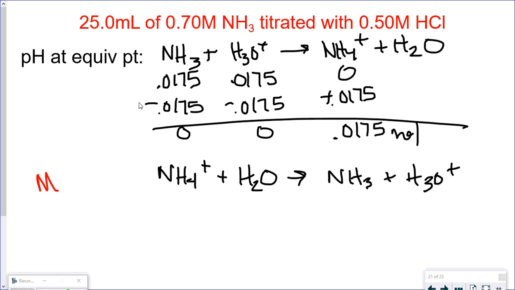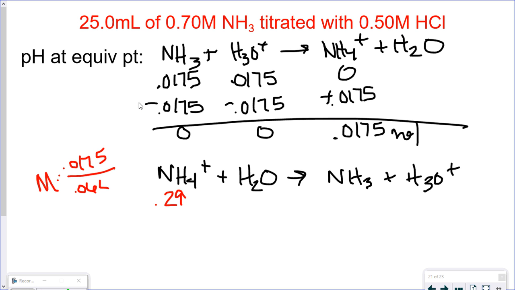So the molarity for this, we're doing the moles of our conjugate acid, the 0.0175, over the total volume. So that's the 25 milliliters plus the 35 milliliters, which is 60 milliliters. So our molarity is going to be 0.29 molar ammonium.